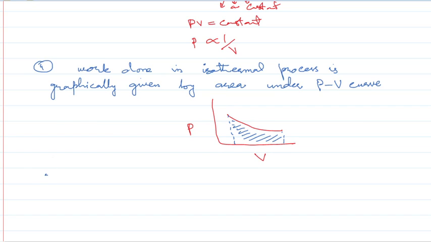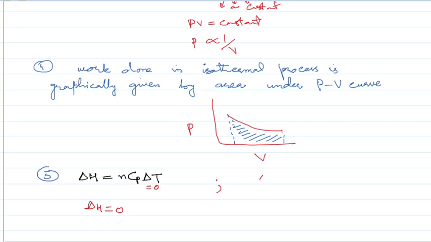One more point regarding the isothermal process is that if you take the change in enthalpy, which is related by mCp delta T, where Cp is simply the specific heat capacity at constant pressure, we know that for an isothermal process delta T is equal to 0.